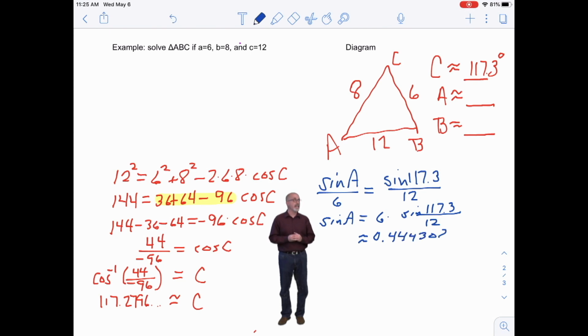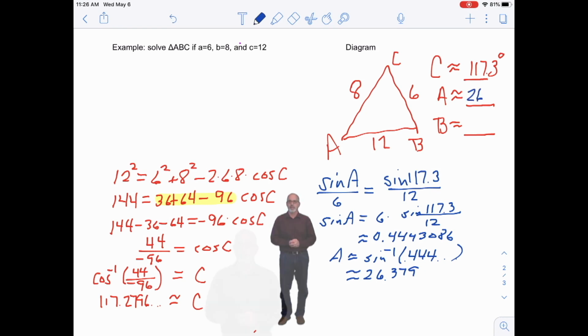Now we go ahead and figure out what that angle is by taking the inverse sine of that decimal, because that's the simplified decimal of the work we had. Once we do that, we get angle A. And so our angle A is about 26.37, etc. for a decimal. Rounded to 1 decimal place is 26.4 degrees.